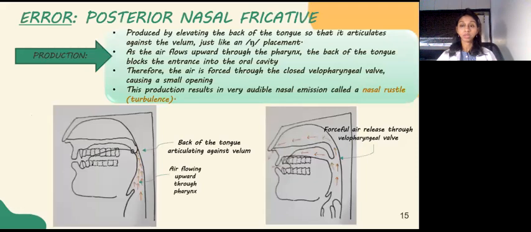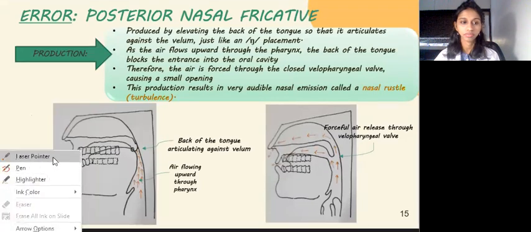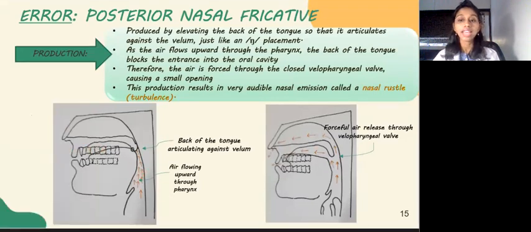Moving on to our last error, a posterior nasal fricative. It is usually voiceless and is produced by elevating the back of the tongue so that it articulates against the velum, as in the production of an ng sound. As the air flows upwards through the pharynx, the back of the tongue blocks the entrance into the oral cavity.